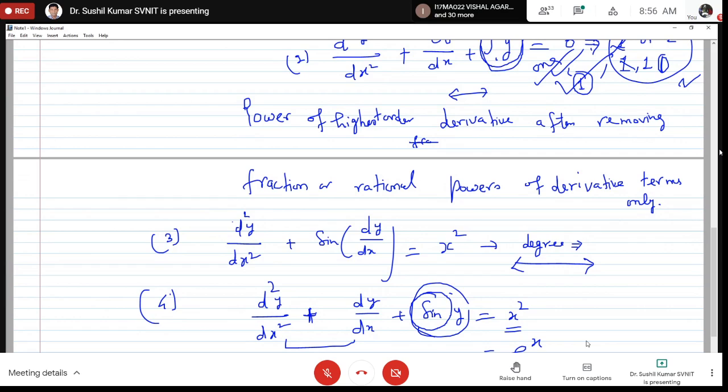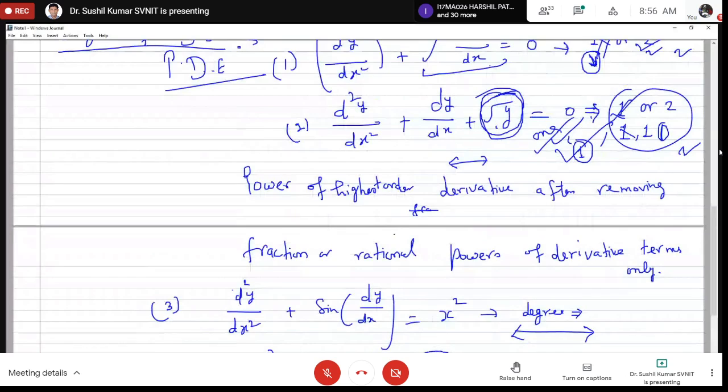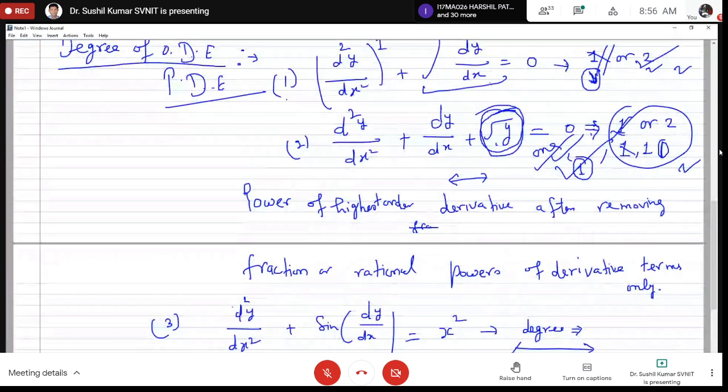Don't bother about the dependent variable terms or other terms. Then the power of the highest order derivative, that is the degree of the differential equation. That is a simple way. So this is the definition of the degree of a differential equation.